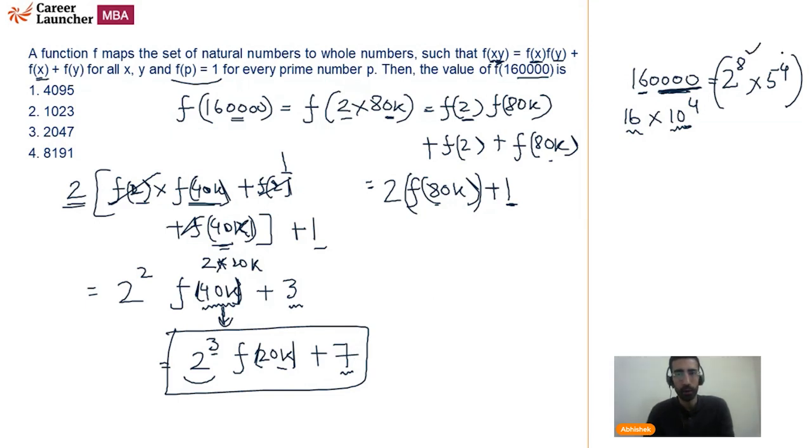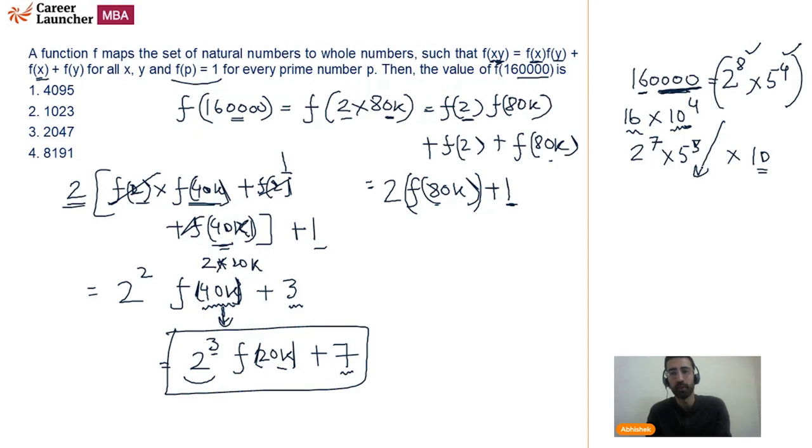Now, how many total powers of prime numbers do we have? 12. Right? So if we had 12, having done this process 10 times, this is an internet problem. If we do this process 10 times, what are we likely to end up with? Let's say 10 times means you've basically taken out 2 to the power 7, one by one, and then 5 to the power 3, something like that.